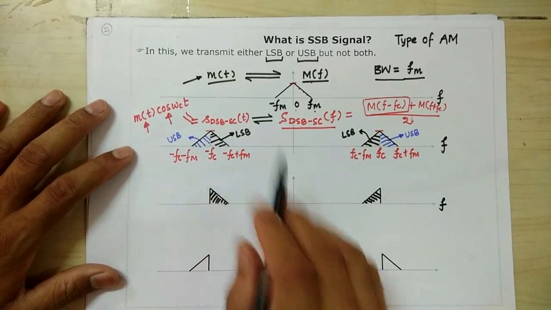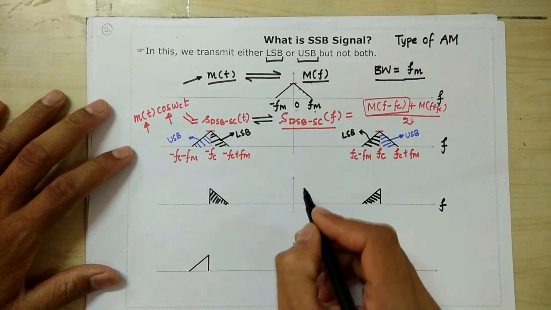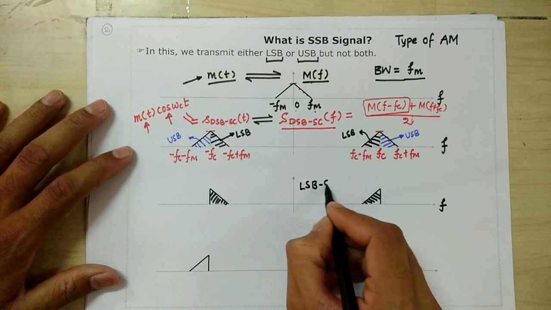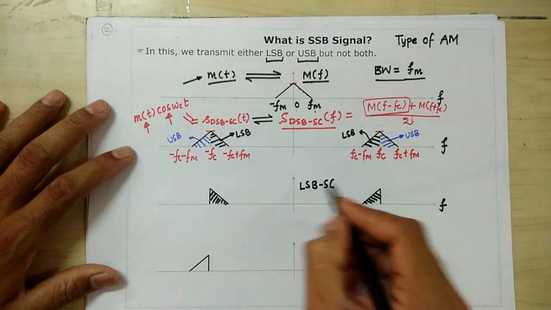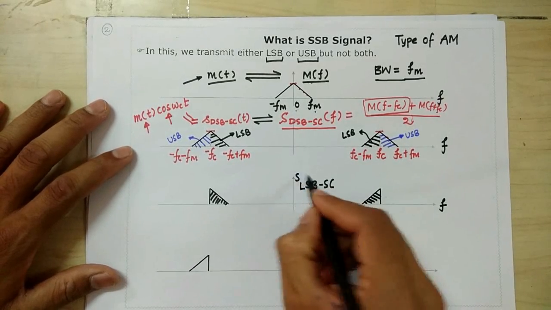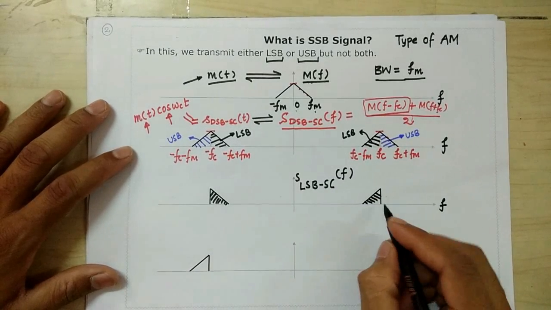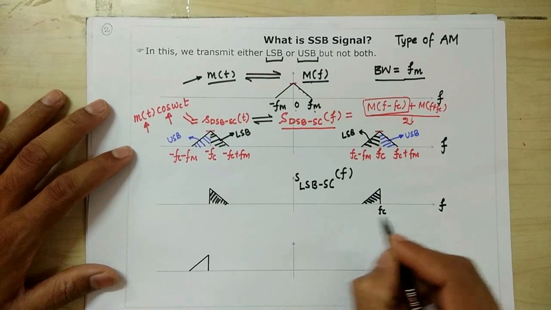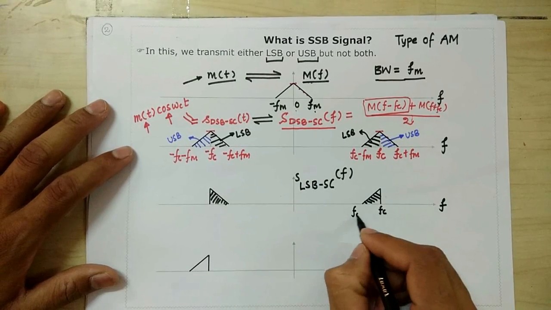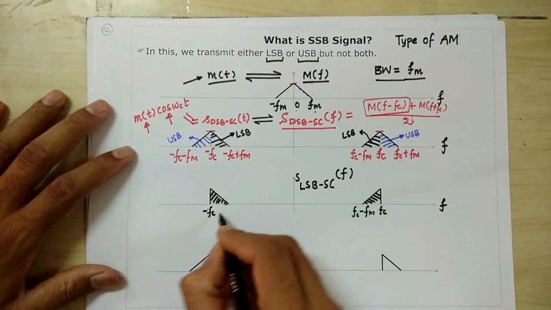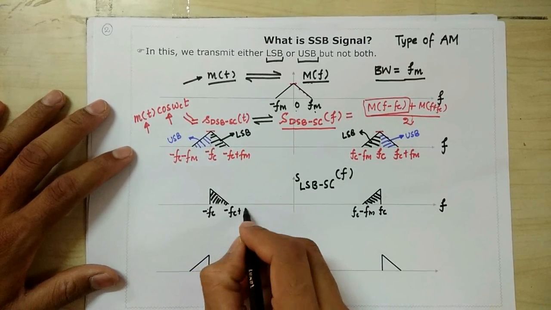So this is DSB-SC, and this is SSB-SC, more precisely LSB-SC. In this spectrum, the frequencies are FC, FC minus FM, minus FC, and minus FC plus FM.